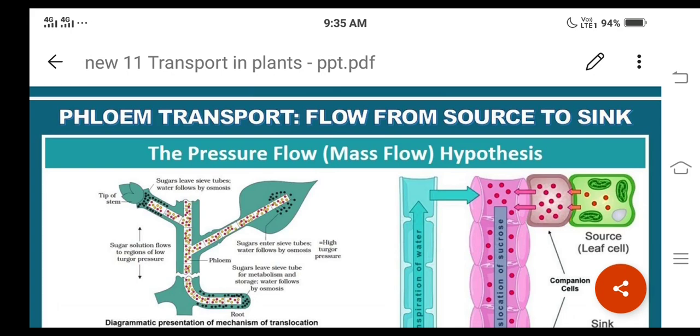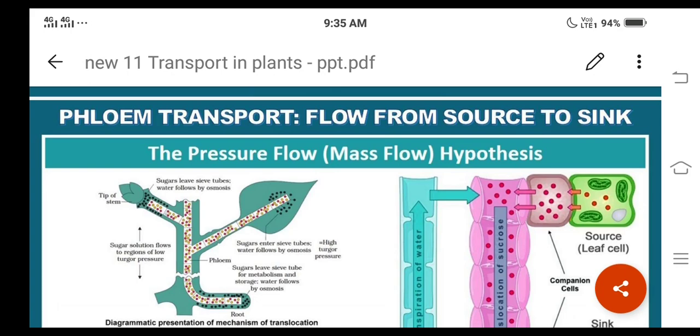Remember, in plants the most accepted mechanism used for the translocation of sugars from source to sink is the mass flow hypothesis. How can we define this hypothesis? What is the mass flow or pressure flow hypothesis?